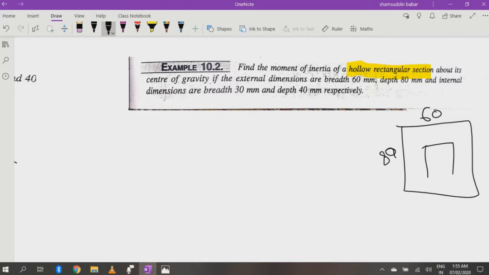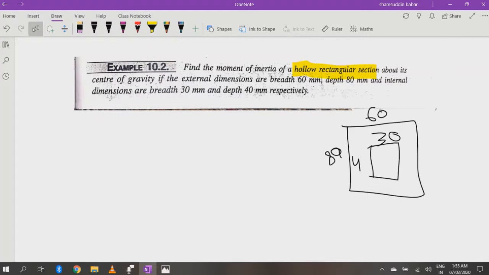So I have already given this as 30 and this side 40. Okay, so in this type of question, find the moment of inertia about its center of gravity.